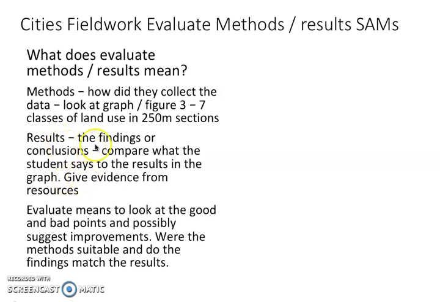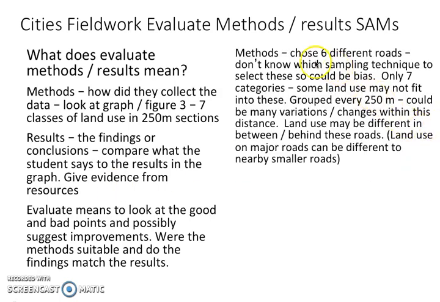The results, now these were the findings or the conclusions they made, and what you need to do is compare what the student says on the question paper with the results that you can see in the presentation of figure 3. Now if we look at those, so they chose 6 different roads, but we don't know how they chose these different roads, so there could be some bias in there.